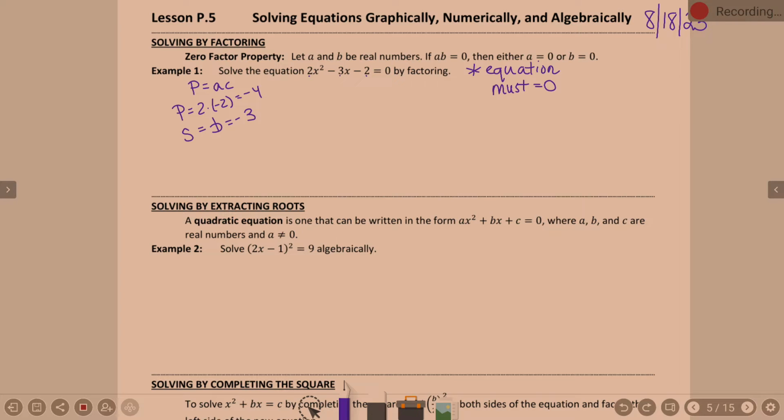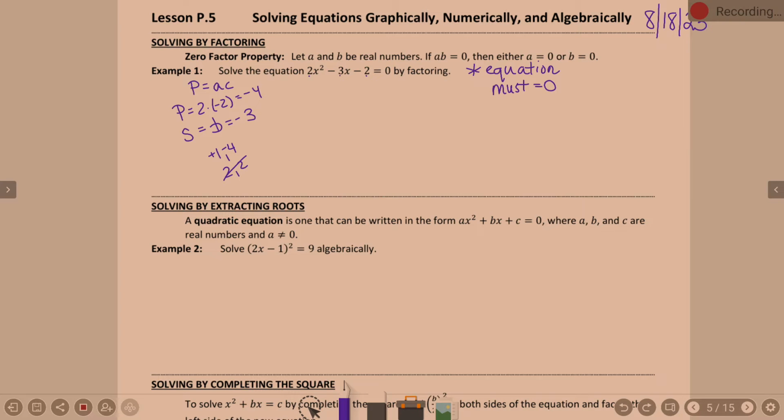So I need two numbers that multiply to be negative 4 and add to be negative 3. Well, multiplying to be 4, what are my options? 1 and 4 or 2 and 2. How do I get the 3? We're going to have to somehow use the 1 and 4. I heard negative 4 and positive 1.